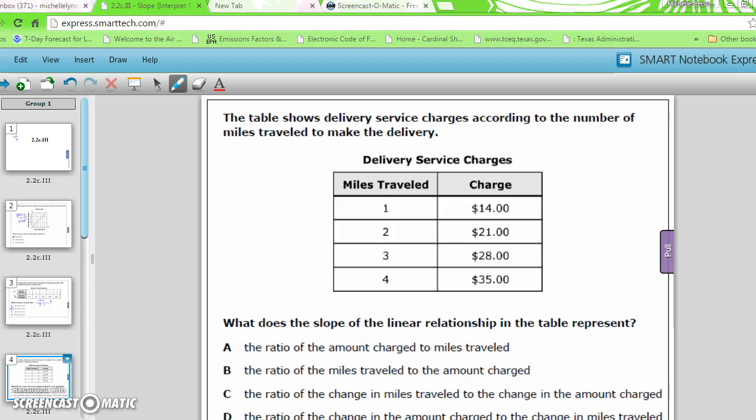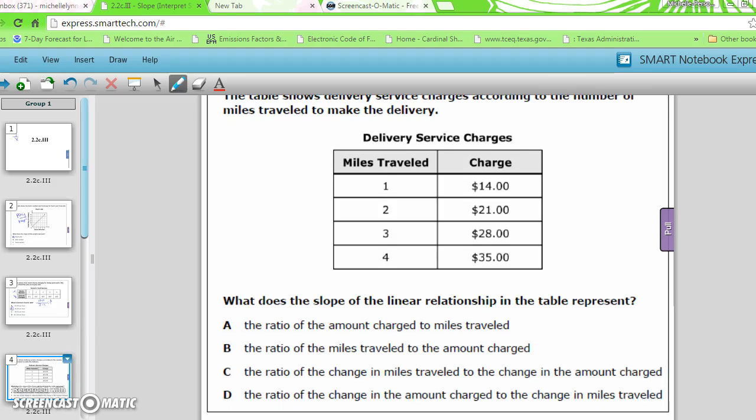Okay, the table shows delivery service charges according to the number of miles traveled to make the delivery. We have the miles traveled and the charge. What does the slope of the relationship represent? Before you even look at the answers, remember in our table, this is x, this is y.